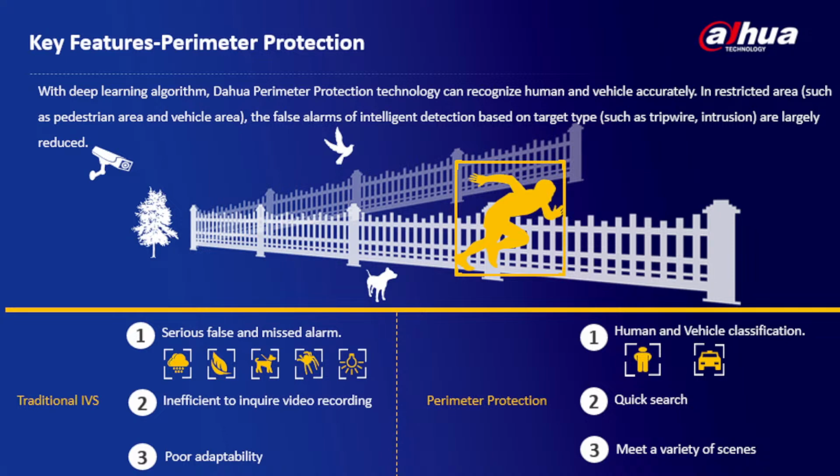And also there will not be any false alarm because of pets or the moving leaves of a tree. So this is a very important feature which we can use in WizSense series 2.